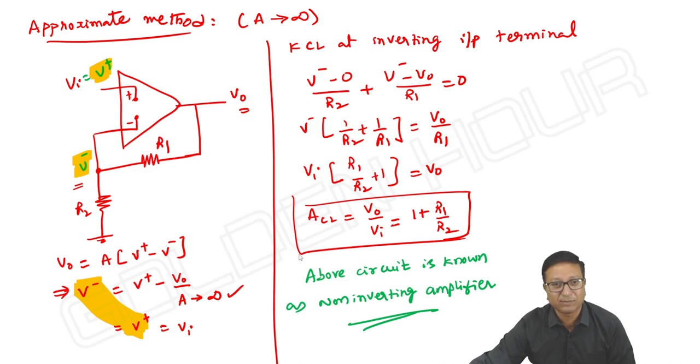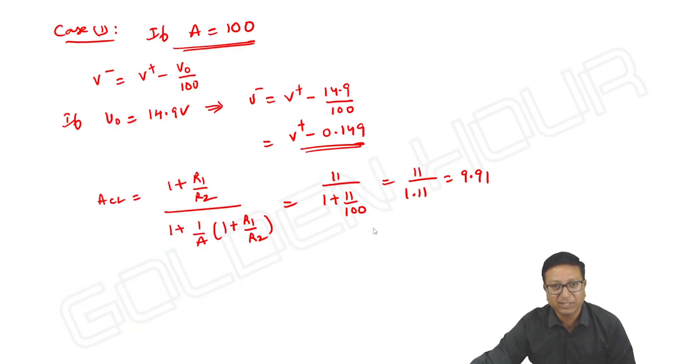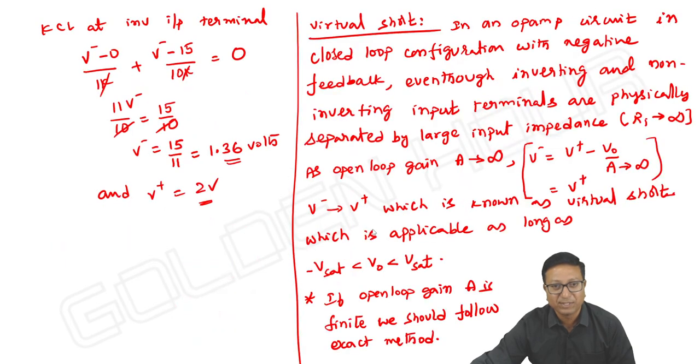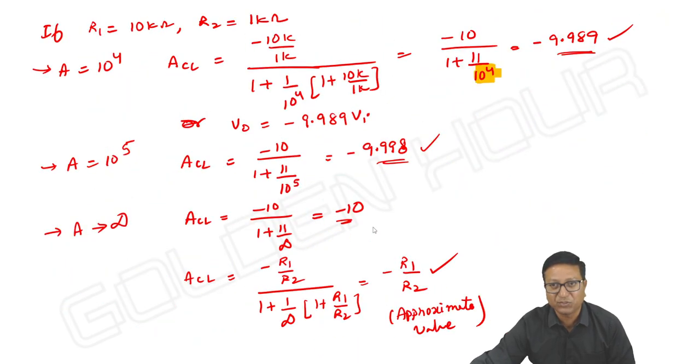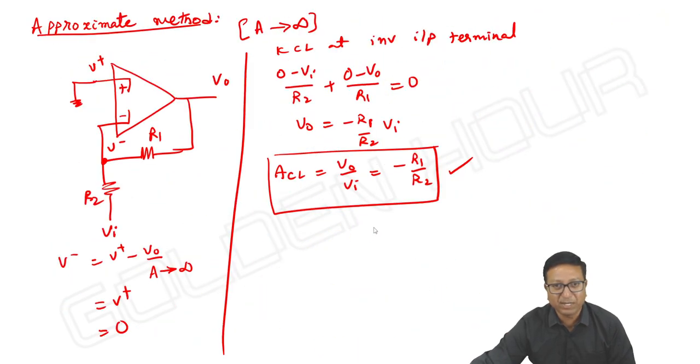Over. Just like that we got the result. Instead of V minus, you can even write V input: Vi minus 0 by R2 plus Vi minus V output by R1. Directly you can write V output is equal to 1 plus R1 by R2 into Vi. That's it, it's as simple as that. The same procedure, I'm not changing the procedure at all. The exact formula and approximate formula, you see how simple they are.